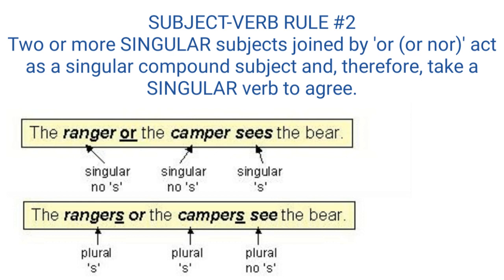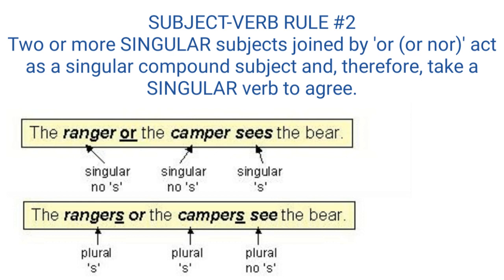But look at the next sentence. The rangers or the campers see the bear. The rangers, that is plural. The campers, again a plural subject. So while plural subjects are being combined by using or, we use a plural verb.